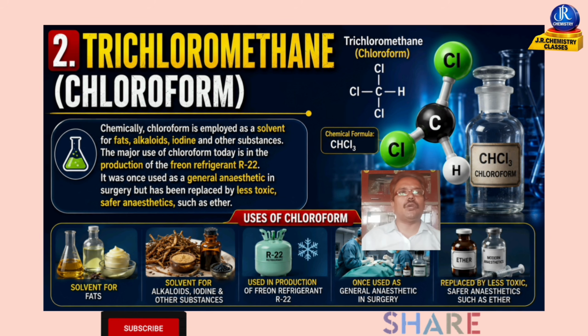The major use of chloroform today is in the production of the Freon refrigerant R22. It was once used as a general anesthetic in surgery, but has been replaced by less toxic, safer anesthetics such as ether.